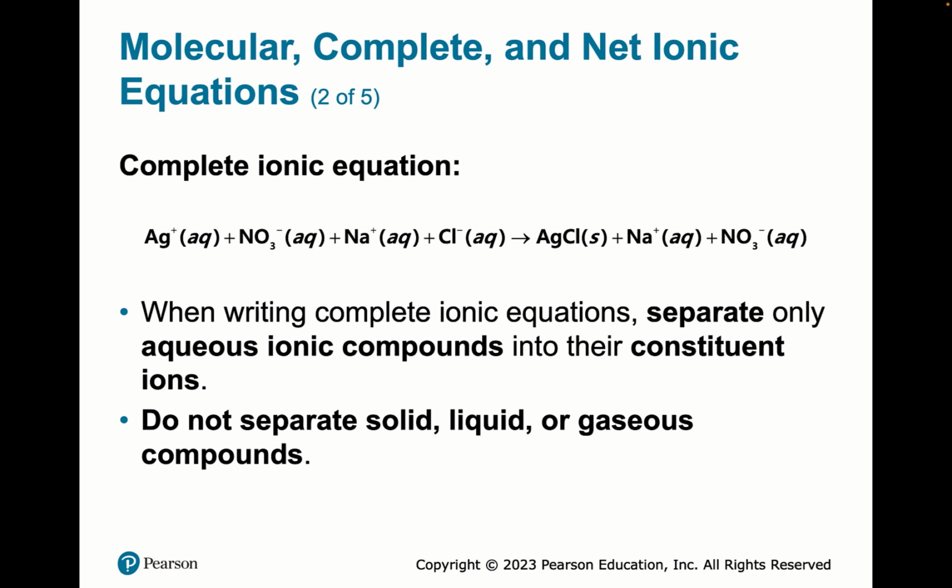So now we no longer have them as molecules; we just put all of the ions. But you might notice that the sodium and the nitrate are not participating in the chemical reaction.